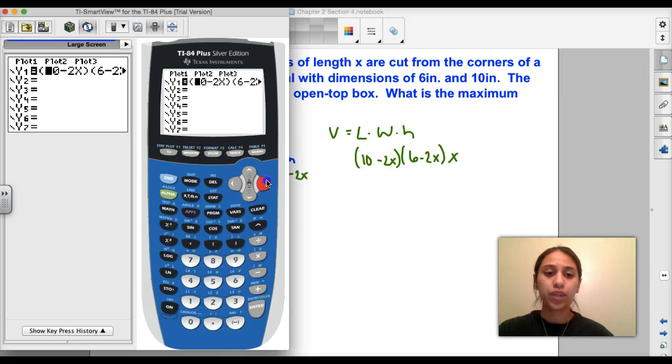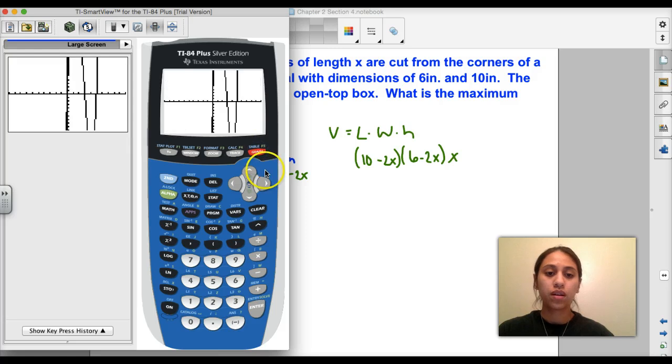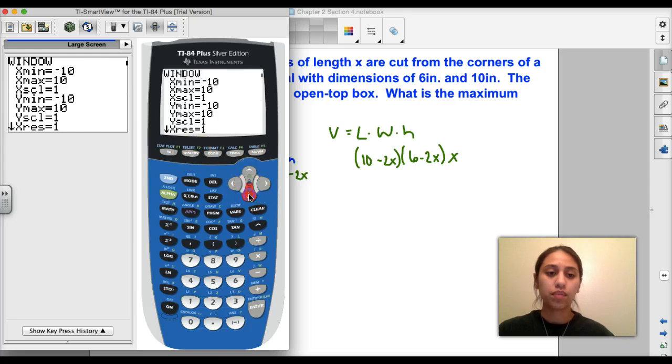It's kind of broken up here, but I can show you 10 minus 2x times 6 minus 2x times x. If we graph, then you can see we're kind of missing some information. We're looking for a max, so we're going to have to increase to see where it peaks. So going to the window, let's increase our y max to let's say 40. Okay, graph.